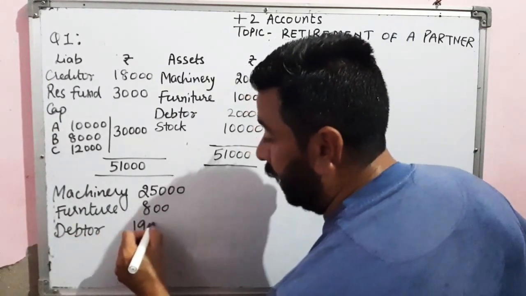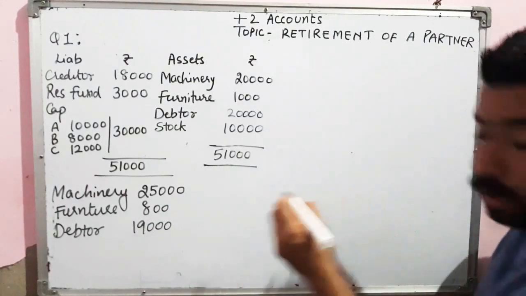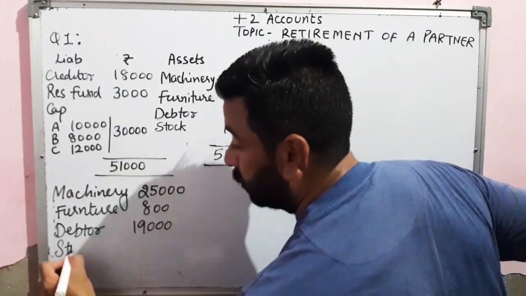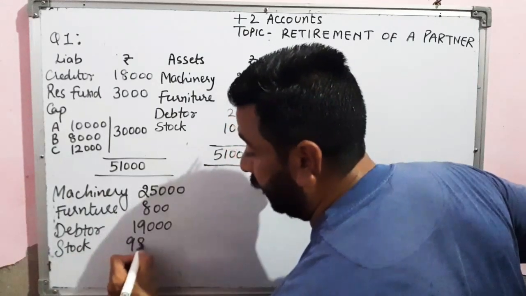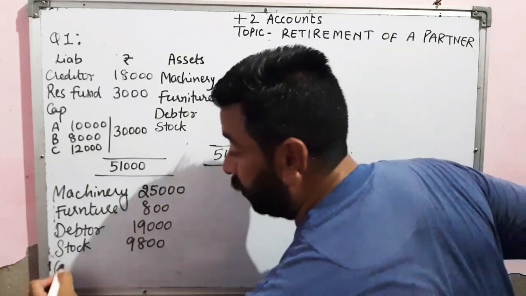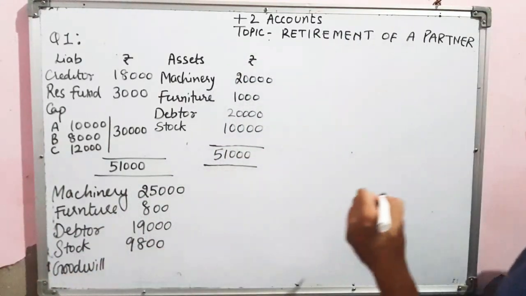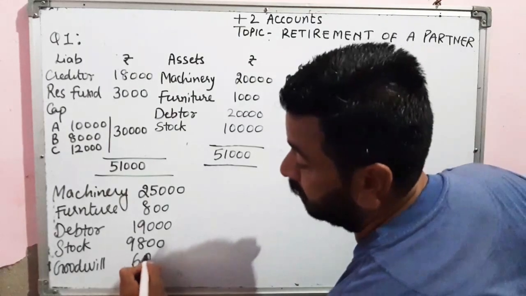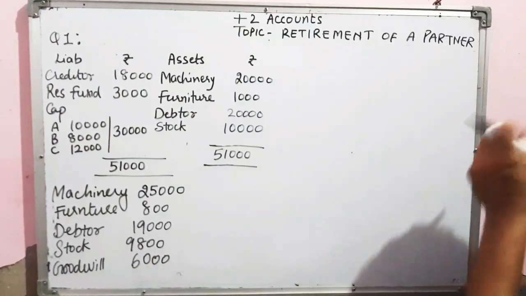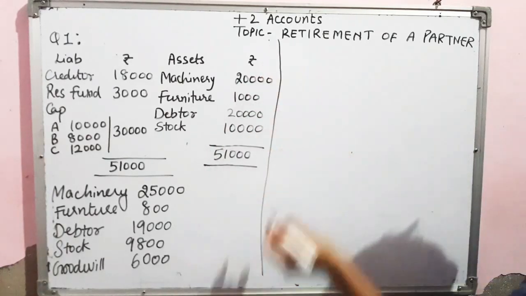Next, stock is 9,800. Goodwill is valued at 6,000.